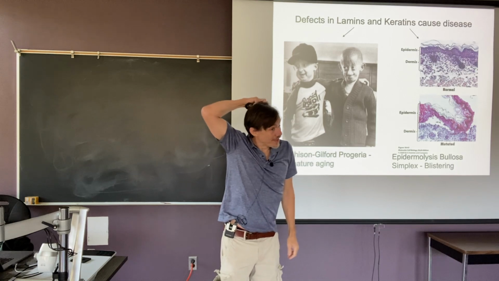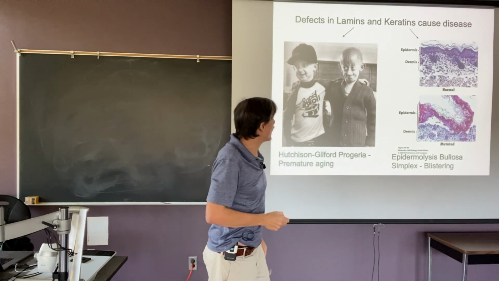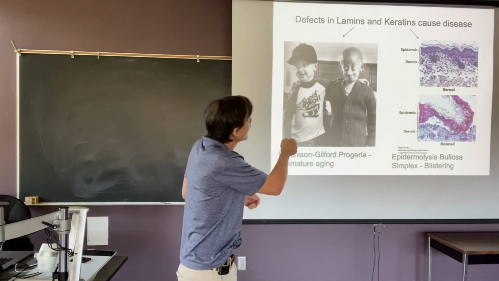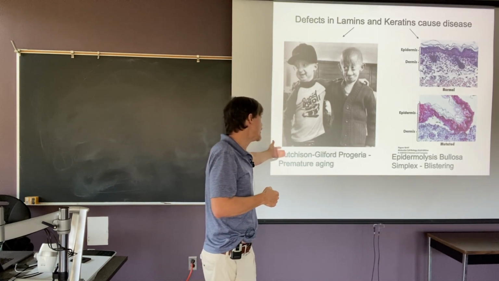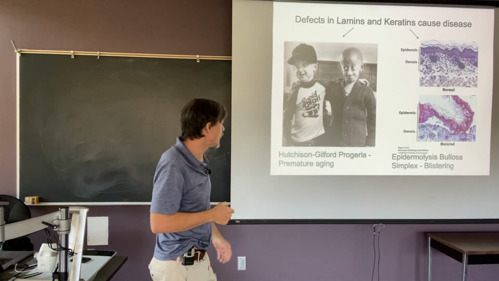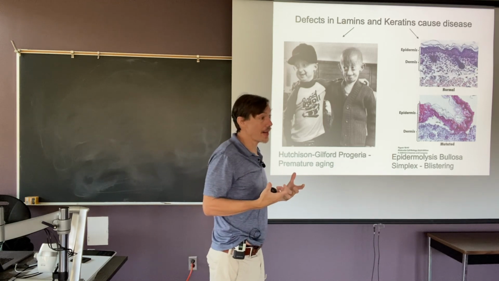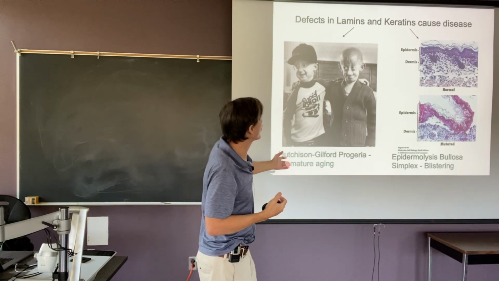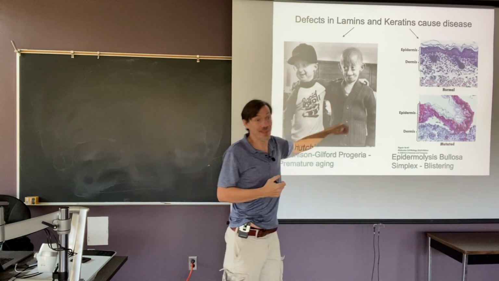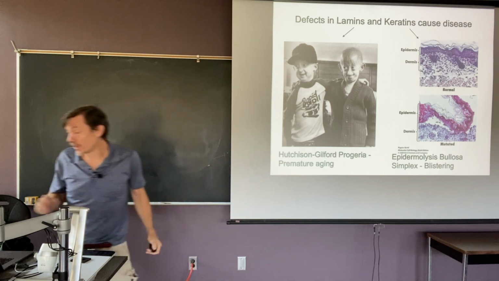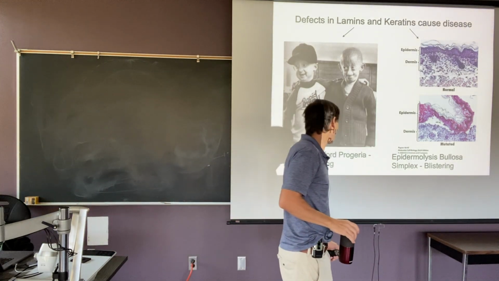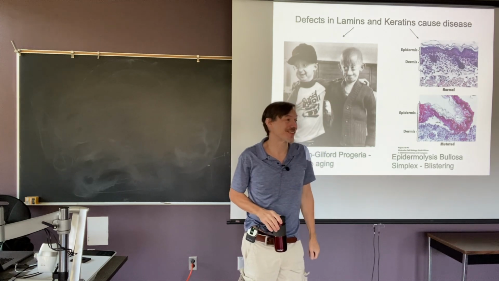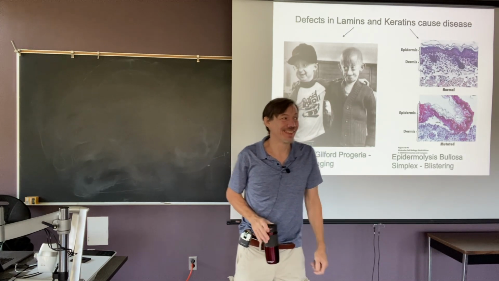The very interesting thing is that defects in lamin can lead to this disease, Hutchinson-Gilford progeria, which is a premature aging. And actually, I'll just throw this out: any guess on how old these two gentlemen are? 7. Yeah, they're about, they're teenagers.